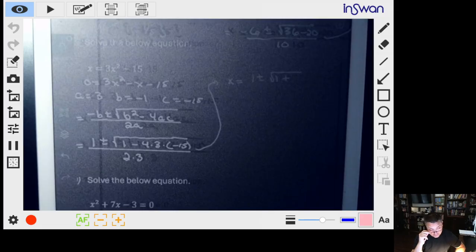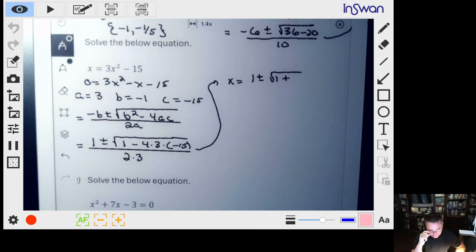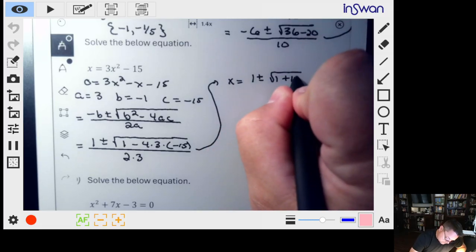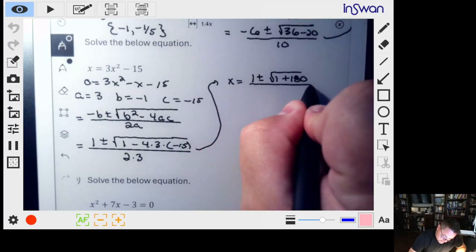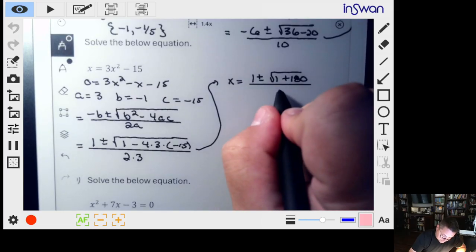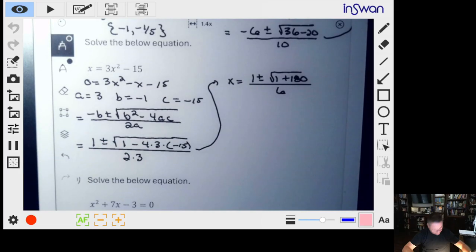Well, okay, how am I going to do this? I'm going to take 4 times 15, which I think is 60. And 60 times 3, I think, is 180. I feel like maybe I should check that with a calculator. Just doing it off my head real quick there. Let me grab a calculator.